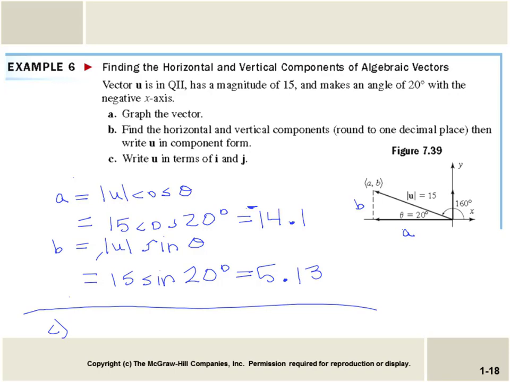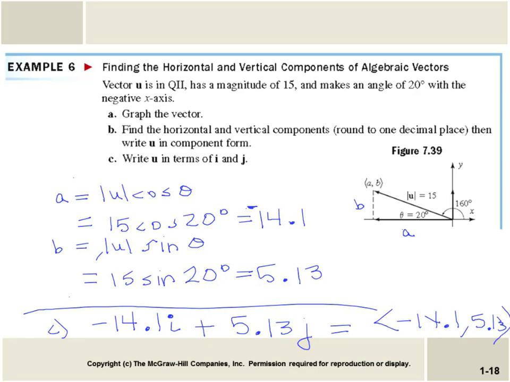So we would write this as minus 14.1i, because i says that's the x value of the vector, plus 5.13j, which means that's the y value of the vector. Or I can write it like minus 14.1 comma 5.13.